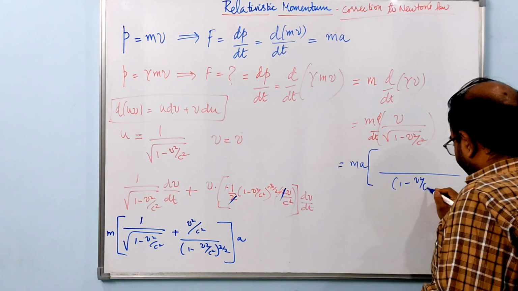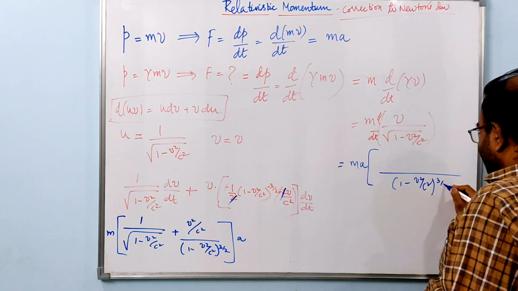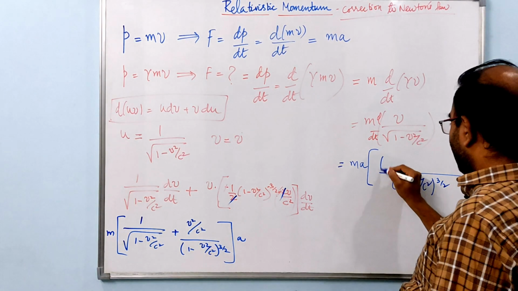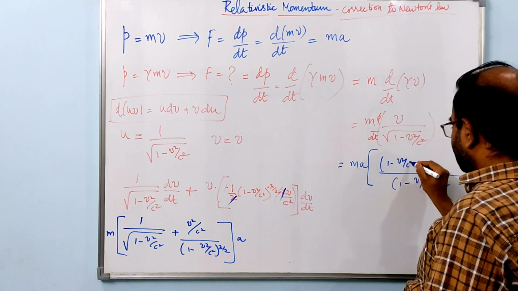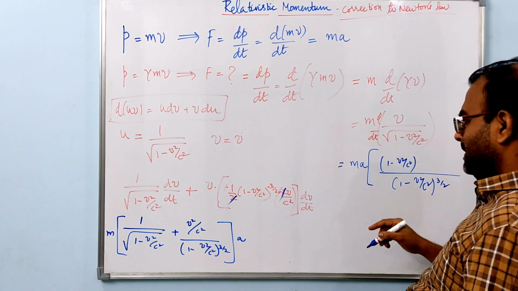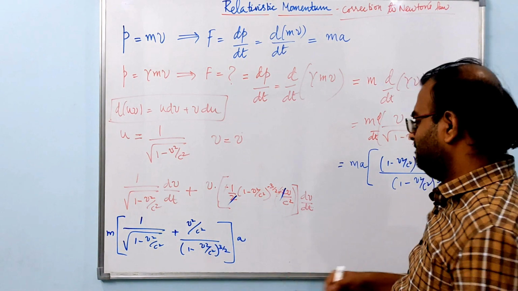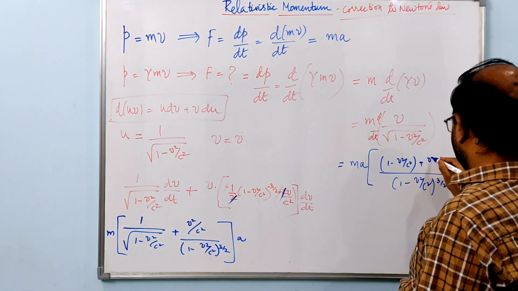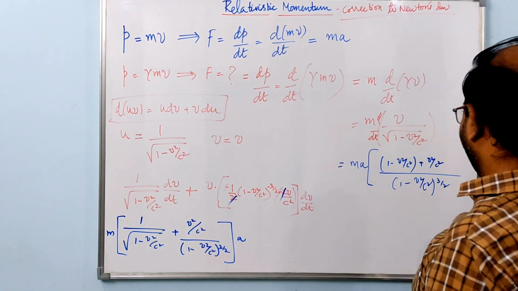If I take the LCM, with power 3 by 2, I have 1 minus v squared over c squared plus v squared over c squared.